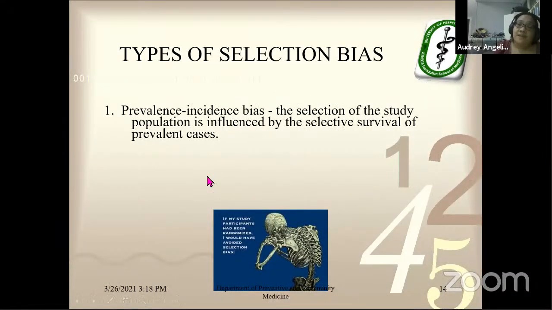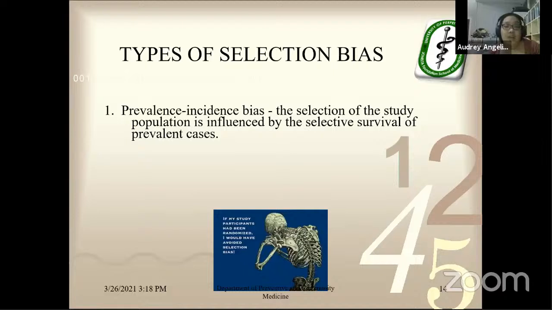So there are different types of selection bias. So there's prevalence incidence bias. So this is the selection of the study population. This is influenced by the selective survival of prevalent cases. Okay. So for example, what would have a high prevalence?